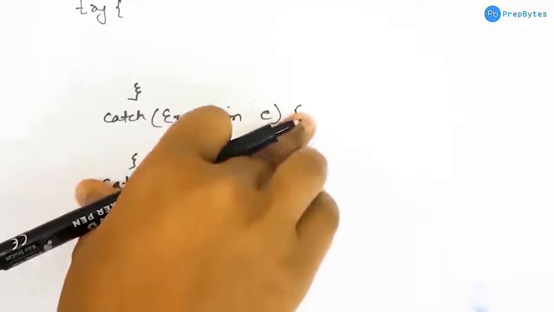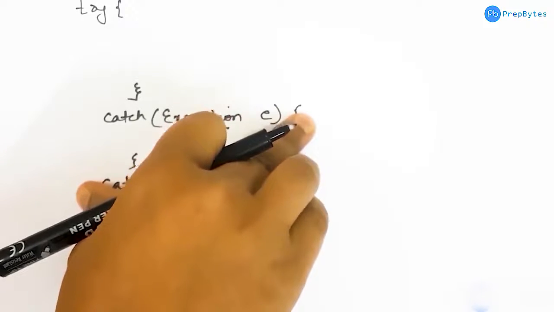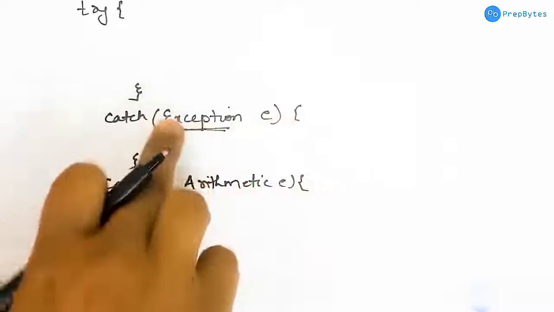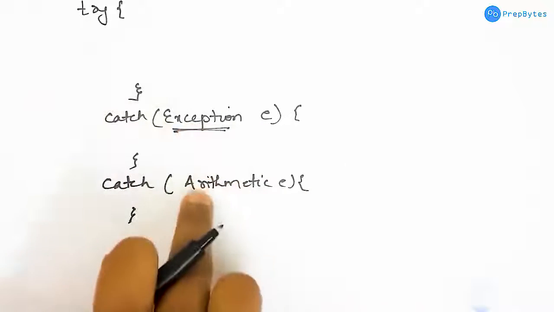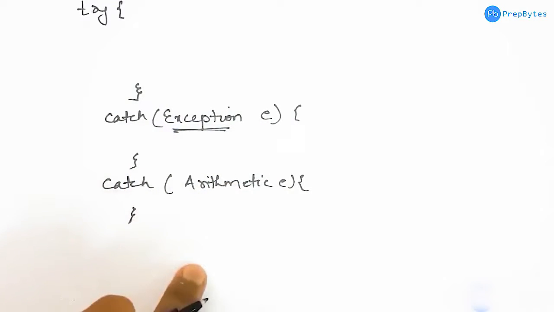Be it arithmetic or array index out of bound or null pointer or anything, this particular catch will handle that exception. So these other catch blocks will never get executed. In Java, whenever there is a set of code that is unreachable, you get a compilation error. So make sure that you first try to handle the subclass exceptions, and then you go on to write the superclass exceptions.